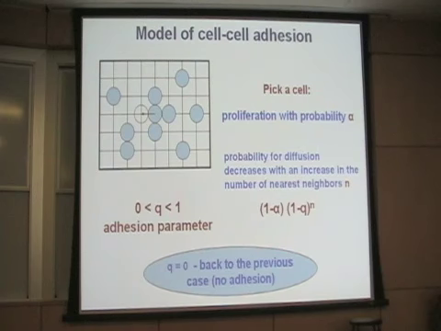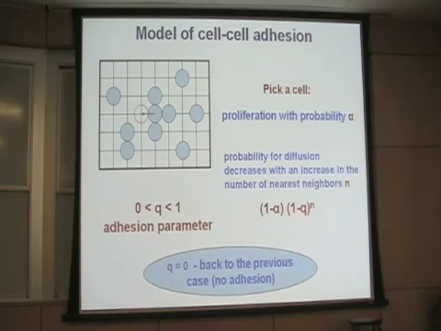So in order to model this, I introduce an adhesion parameter q: the probability for proliferation is alpha, and the probability for diffusion is 1 minus alpha as before, times (1 minus q) to the power n, where n is the number of nearest neighbors.